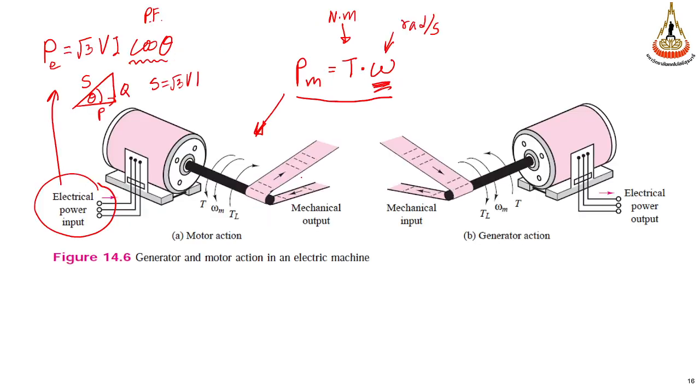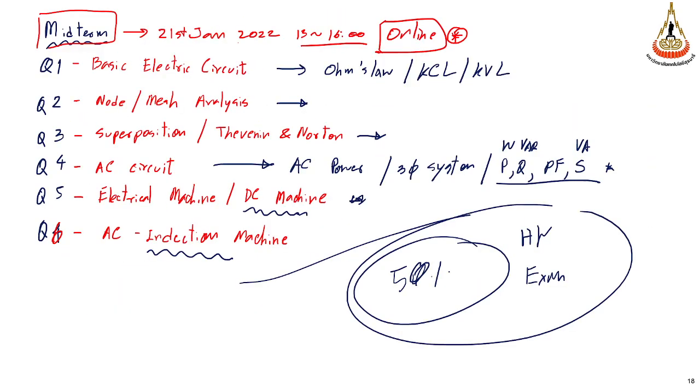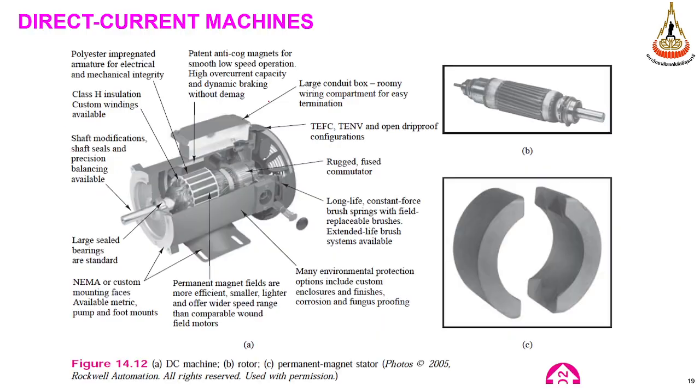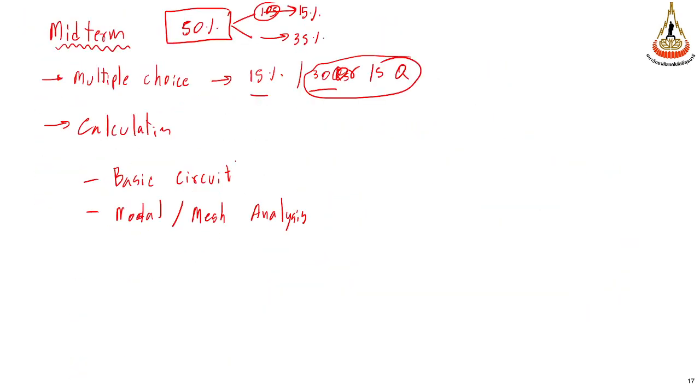Should be like that. Basic circuit: overall nodal and mesh analysis, superposition and Thevenin, Norton.